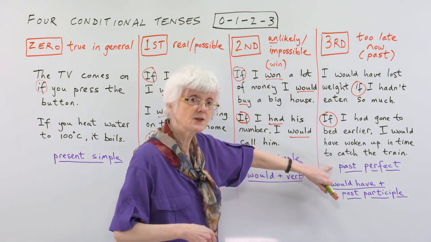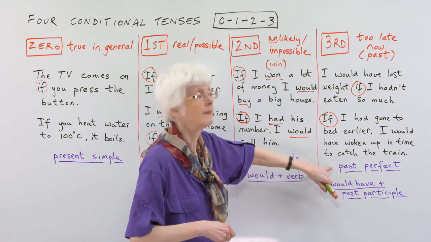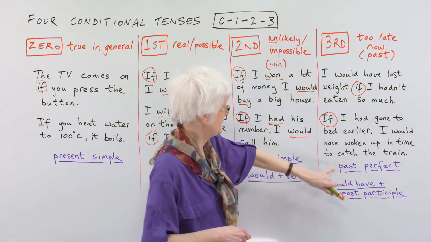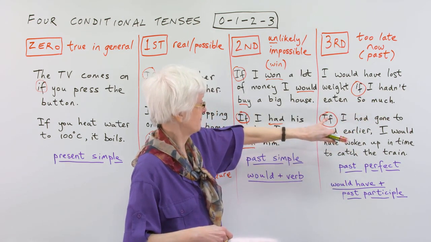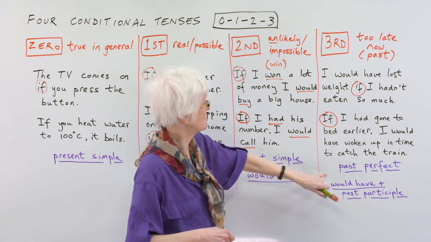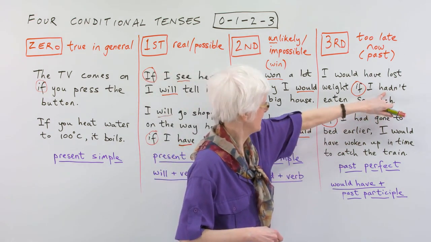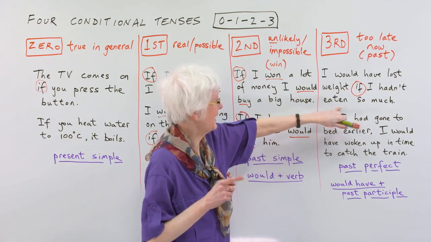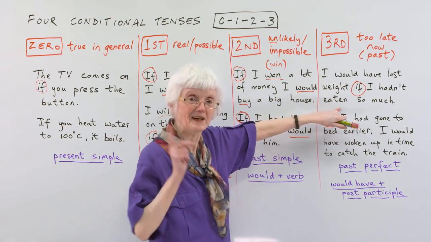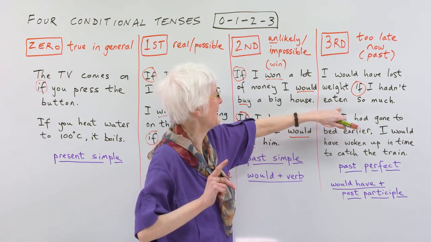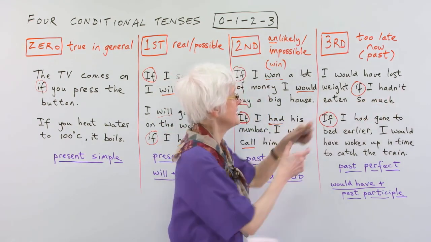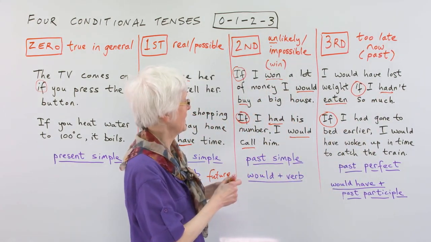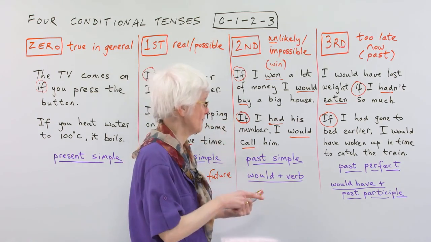So we've got the past perfect. If I had not eaten is the past perfect. Sorry, I get confused myself. If I had not eaten, so had plus eaten is the past perfect.